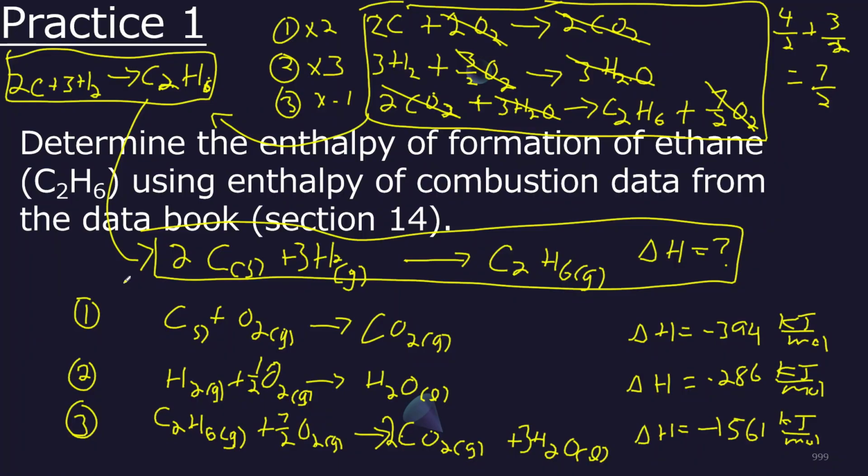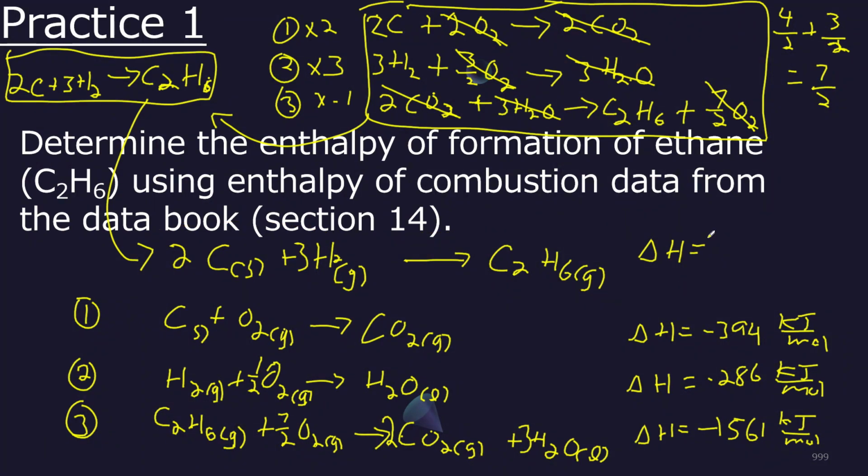So you just need to add all those numbers together. I'll try to do it here on the right. So this delta H is equal to double number 1, 2 times minus 394, triple number 2, minus 286, and then inverting or switching the sign on number 3.